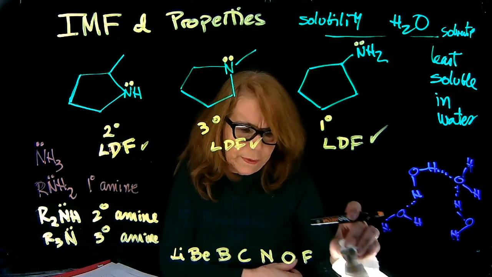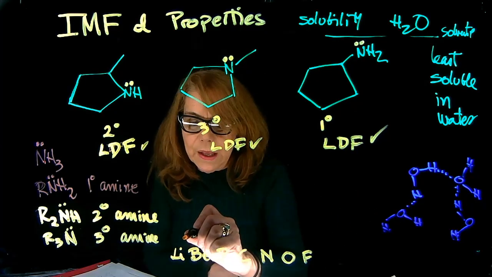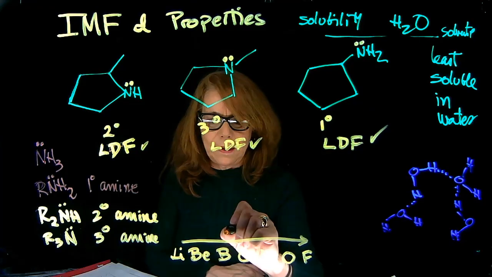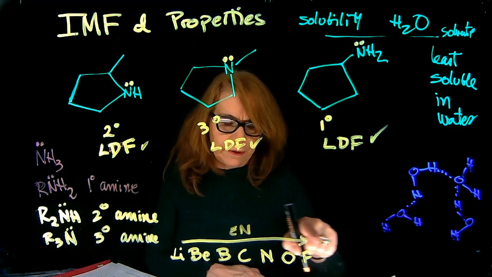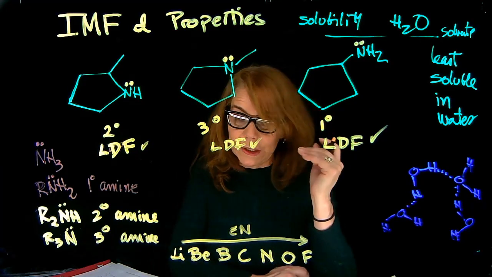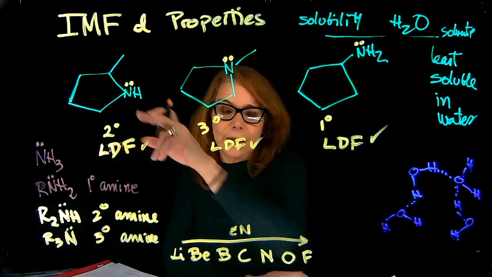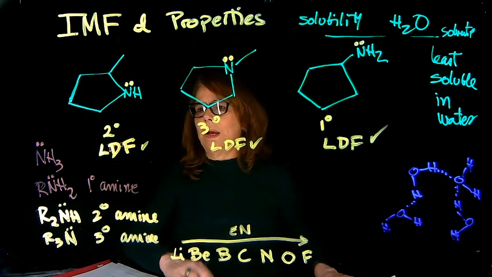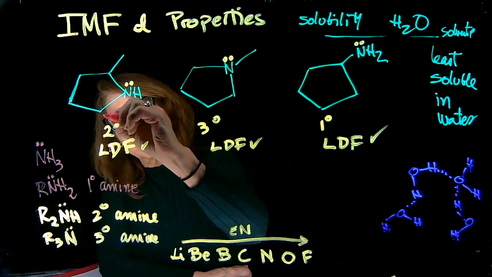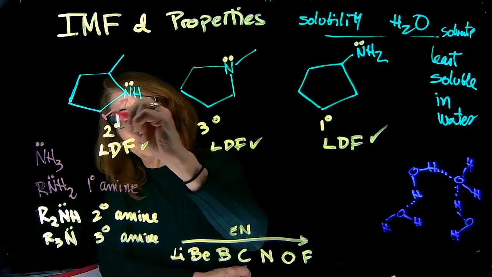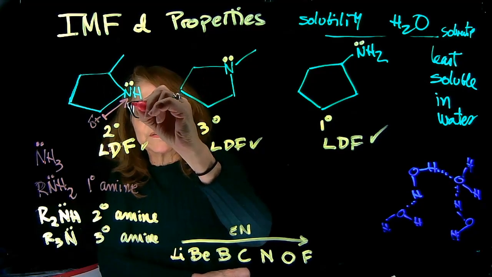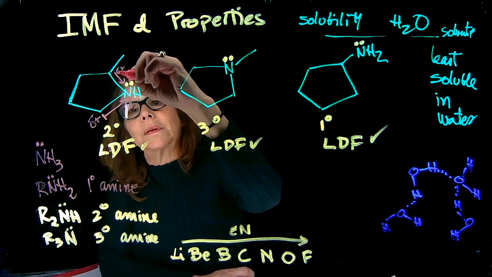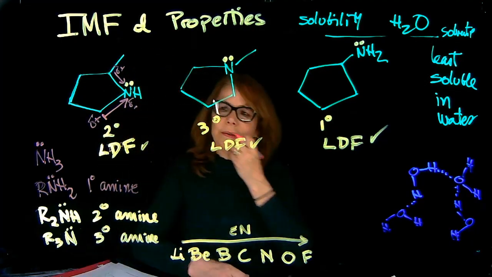In these elements in the second period, electronegativity increases in this direction. The most electronegative is fluorine. But between carbon and nitrogen, nitrogen is more electronegative. So I will have a dipole here: carbon is delta positive, nitrogen is delta negative. And another dipole over here, with the hydrogen delta positive and the nitrogen delta negative.